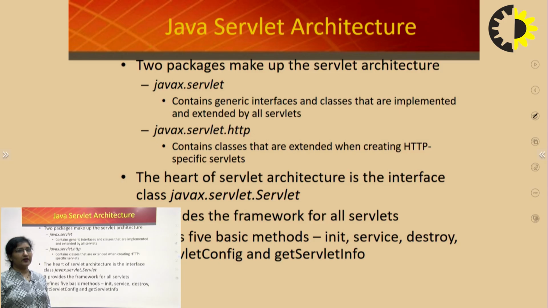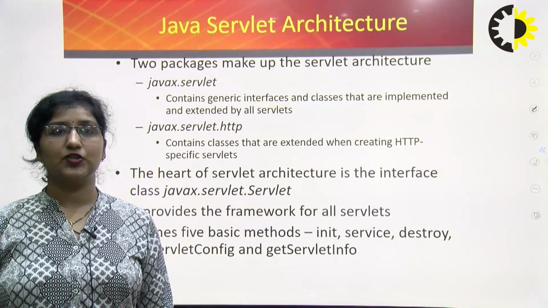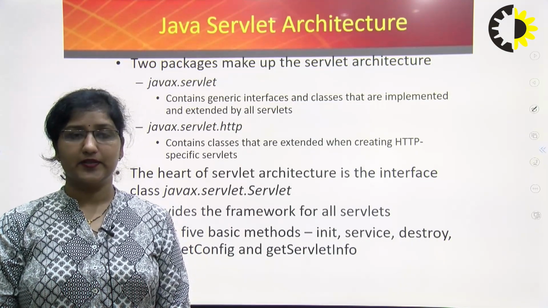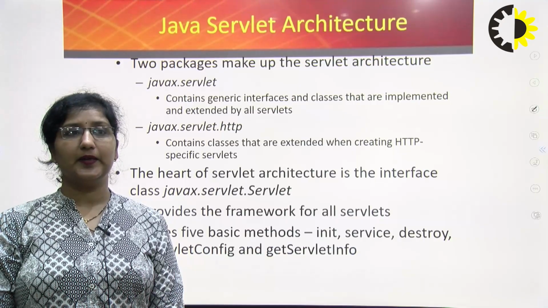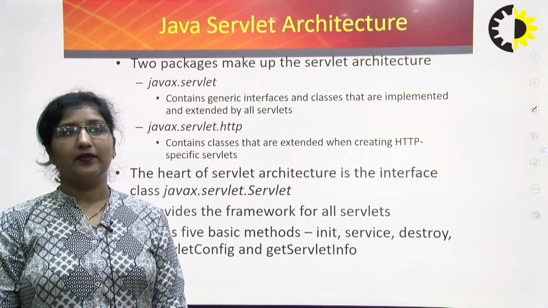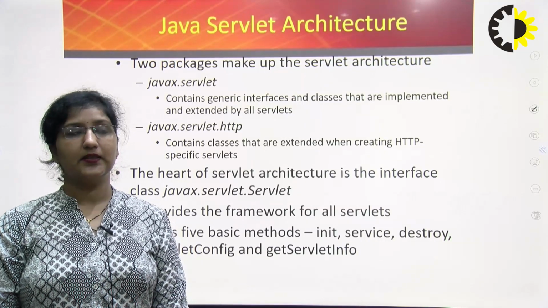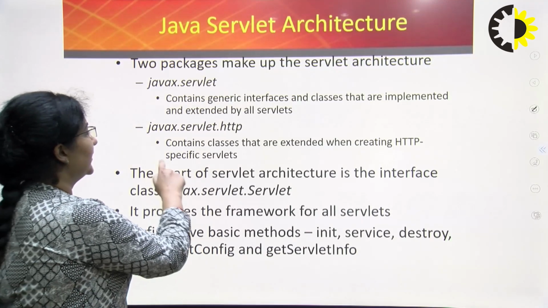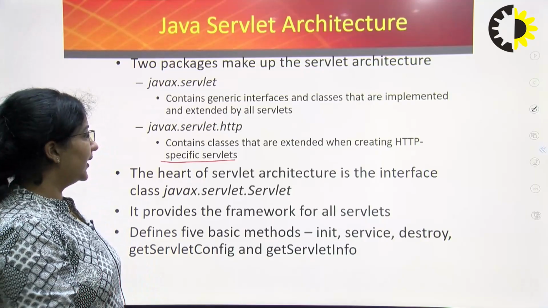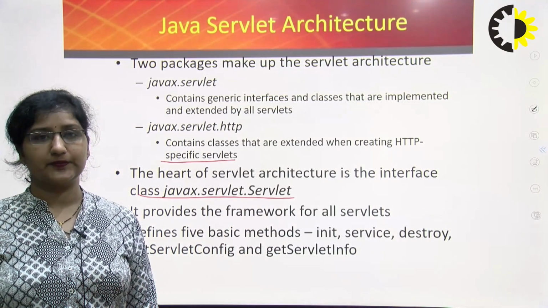To make a Java servlet, 2 packages are required. First one is javax.servlet. It contains generic interfaces and classes that are implemented and extended by the servlets. And javax.servlet.http contains the classes that are extended while creating HTTP specific servlets. So the servlet architecture is the interface of javax.servlet.Servlet.